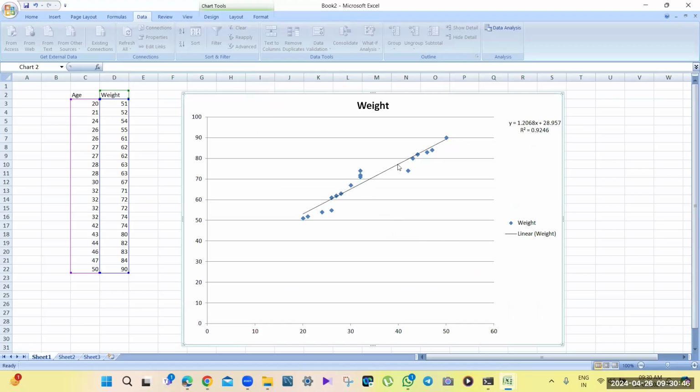So what is this line doing? These are individual data points, right? On a graph, these all are individual data points. This line is trying to go through in such a way that it connects all the points. Now, if I put a straight line, of course, it is not possible to have all the points on one line. But at least you pass it through in such a way that all the points are not very far from you.